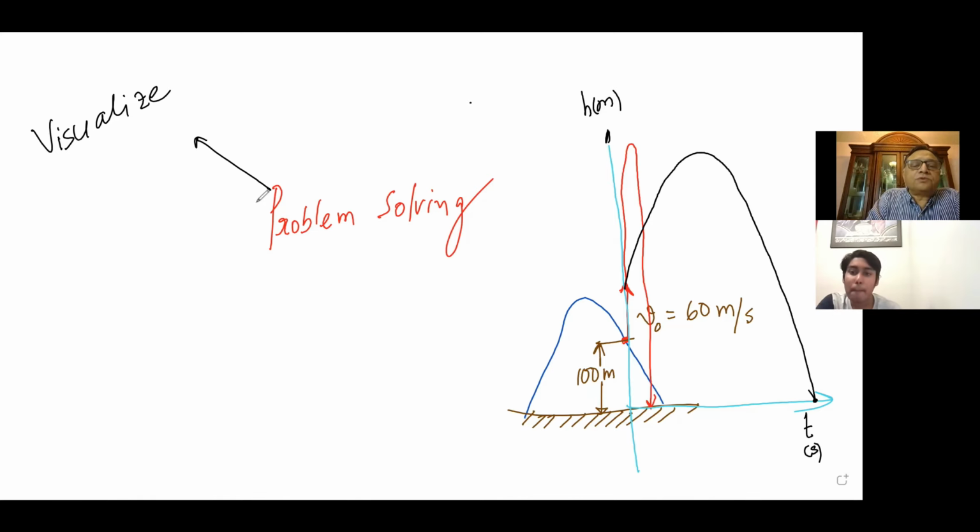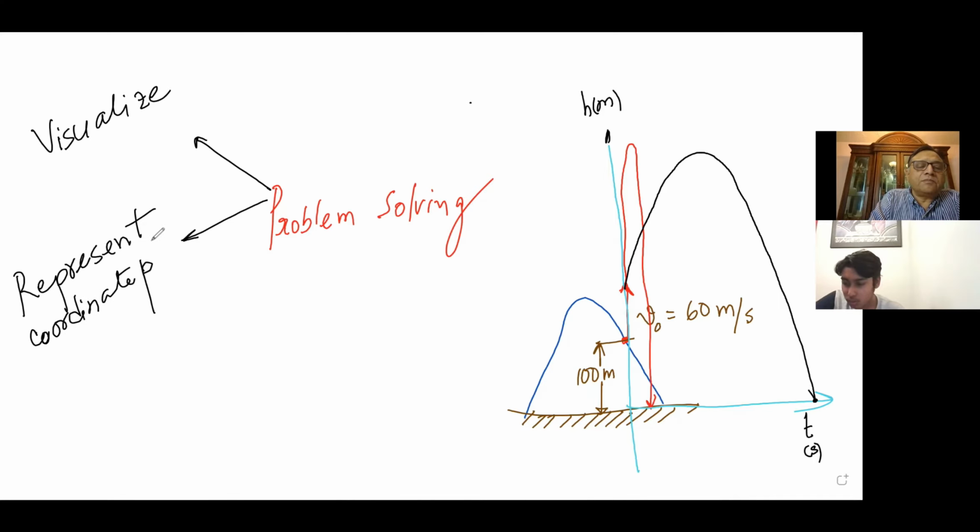Yes, sir. So we visualize and then we represent. In this case, we choose to represent it on a coordinate plane, and so we have a function relating time and height. Is it okay?